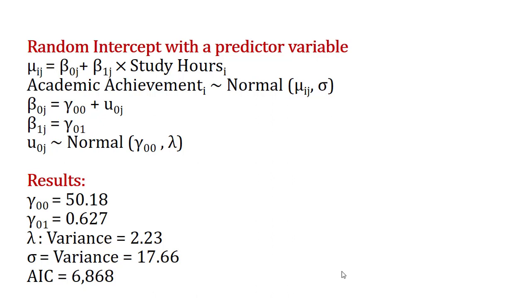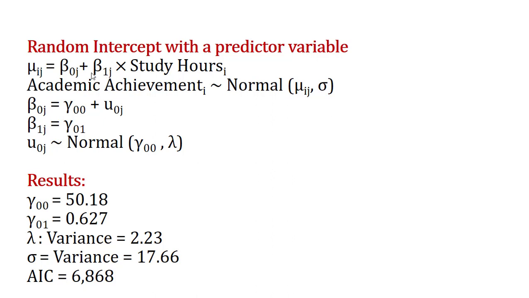Because when we do the analysis with Jamovi, the default is that it mean centers all the predictor variables. So the intercept will always be at the mean of the outcome variable. Typically in a regression, the intercept is not the same as the mean, but because we are mean centering, then it is.